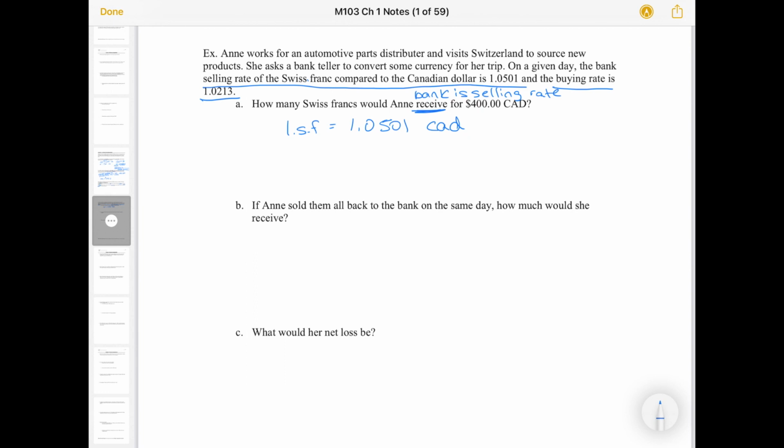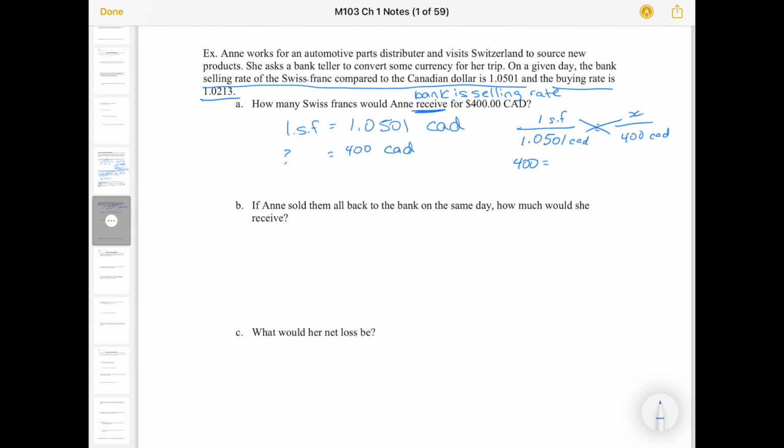So I would need to know how much money I am going to get for $400 Canadian. There's lots of ways we can do this, but if I have 1 Swiss franc over 1.0501 Canadian, that will equal my unknown X over $400 Canadian, and I can cross multiply.